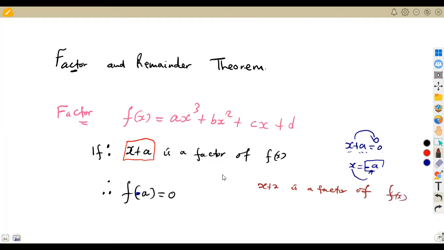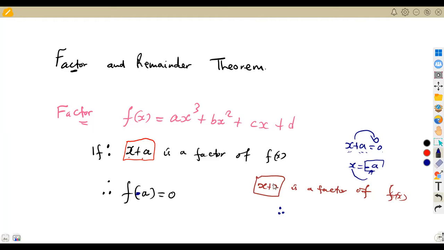What does it mean in actual sense? If x plus 2 is a vector, just like we said x plus 8 is a vector, therefore, what does it mean at the end? We are saying x plus a is a vector of f of x, therefore f of minus a equals 0.